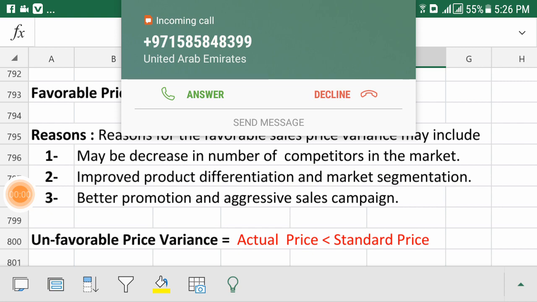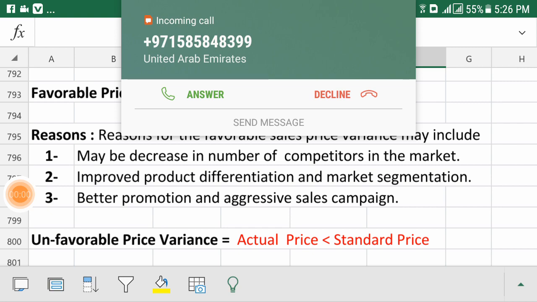Thereafter, better promotion and aggressive sales campaigns, with a lot of marketing, can be the reason.